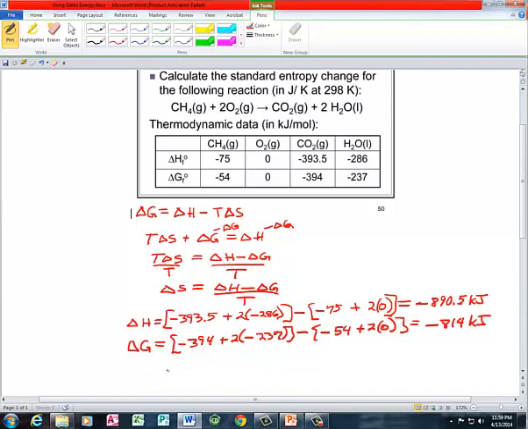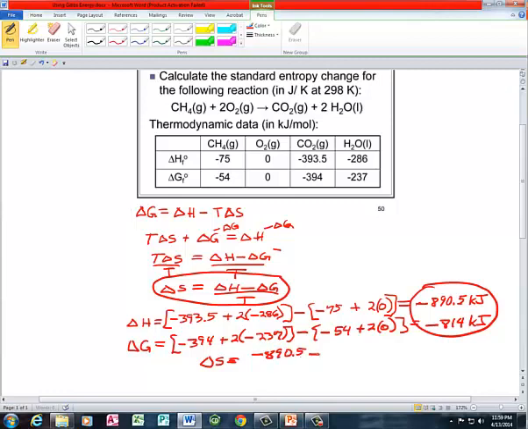Finally, I'm going to retrieve this equation right here and simply plug these two values and the temperature in. When I do that, I get a delta S that's equal to my delta H, which is minus 890.5 kilojoules, minus a minus 814 kilojoules, divided by my temperature of 298 Kelvin.